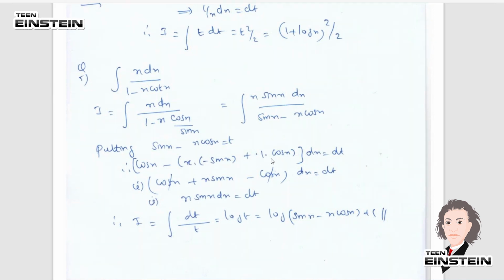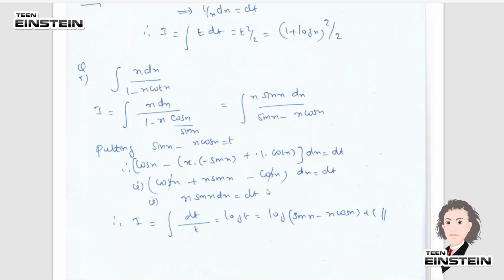Now simplify this term. Bring this minus inside the bracket. So you are getting plus x sin x minus cos x, plus cos x, and minus cos x will get cancelled. So on the left hand side, we are getting minus, x sin x dx equal to dt.